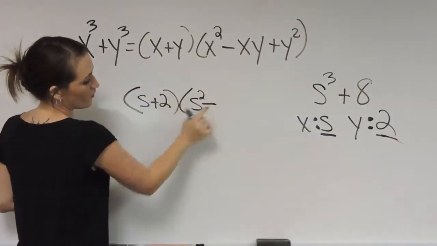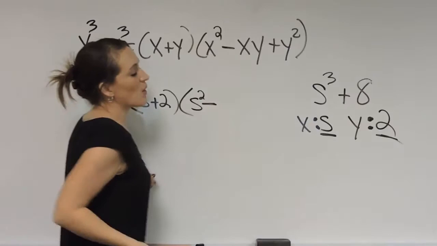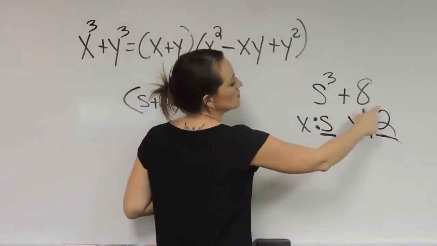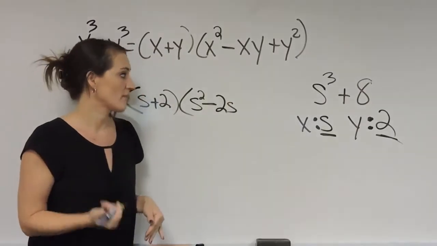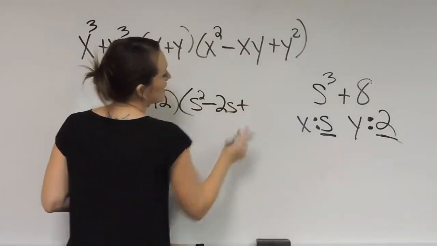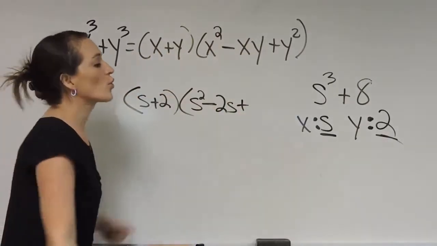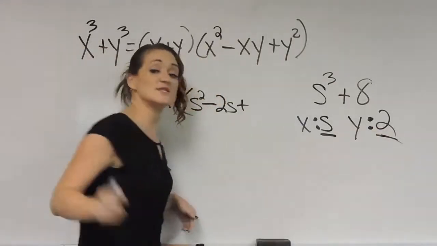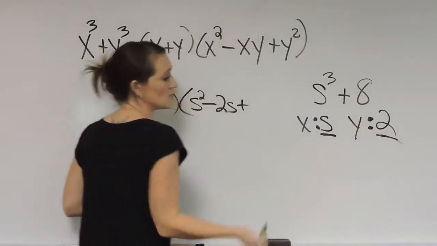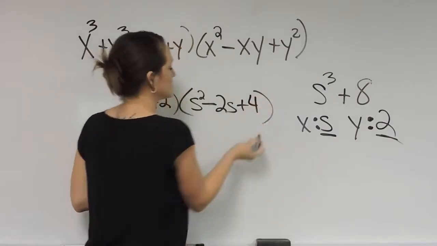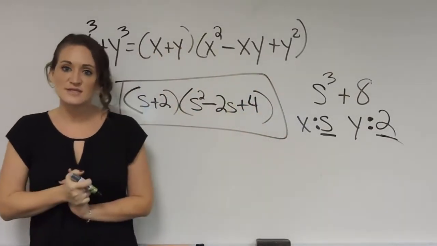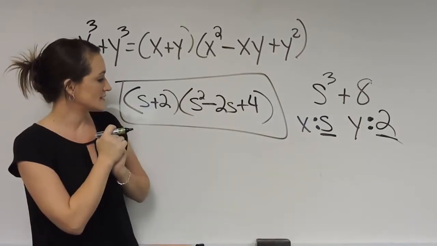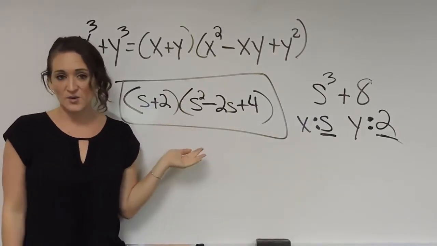Minus is part of the formula. x times y, s times 2, 2 times s. Make sure you always put the number in front. Last thing, drop down that plus sign, square your y term. Our y term is a 2, so if we square 2, 2 times 2 is 4. We are done after we've plugged into this formula. We are done with our example here. This is our final answer.